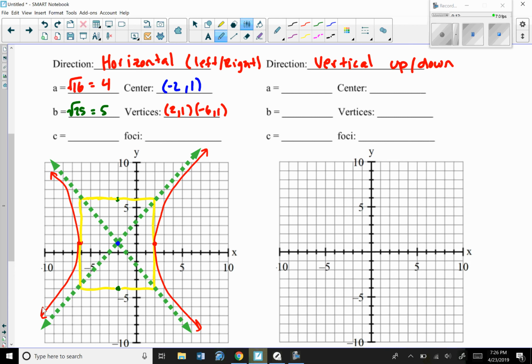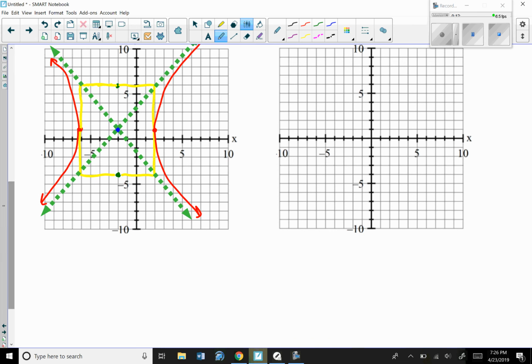And the next thing I need to do is figure out what my distance of c is so I can actually graph my foci on it. So remember that we said before, c squared is equal to a squared plus b squared. So in this case, c squared is equal to a squared, which we know is 16, plus b squared, which we know is 25.